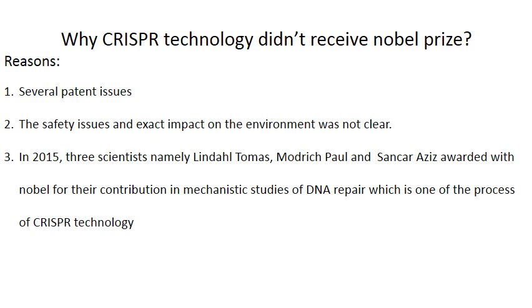Likewise, many people or companies are preparing these chips, and there are many patent issues. The second issue is a safety issue, and the exact impact on the environment was not clear. There is a conflict between whether it is considered to be GMO or non-GMO.